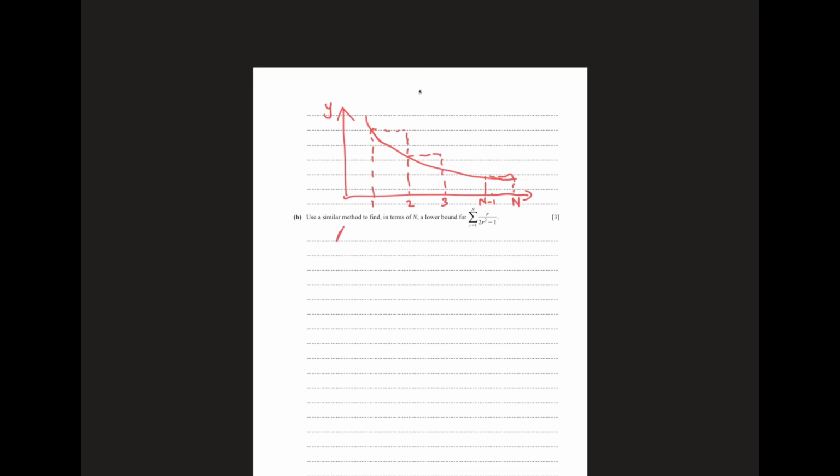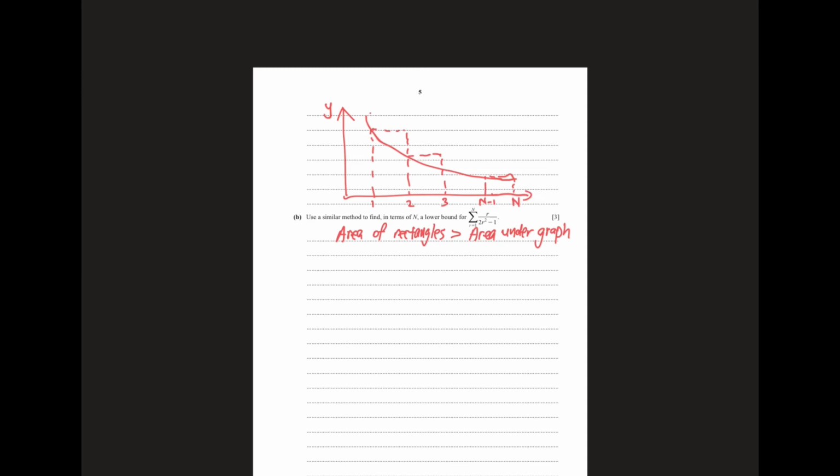Area of rectangles is greater than area under graph. So for the area of rectangles, again we use the summations afterwards. Okay, so now let's find out the area one by one.